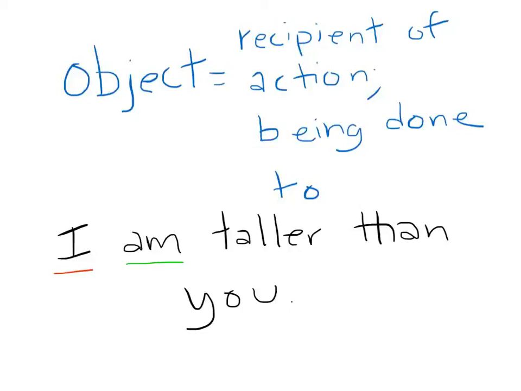Well, to clarify, you is the object because it is still affected by the action of the subject. The subject being taller than you makes you shorter than the subject. This too counts as an object.